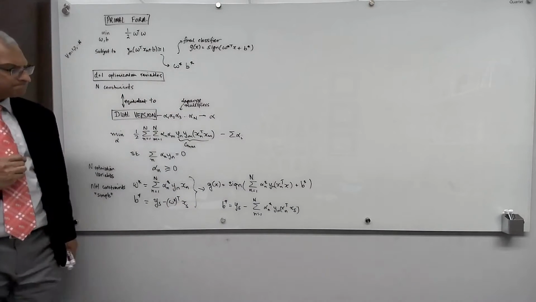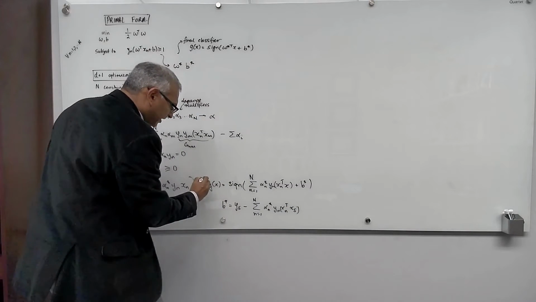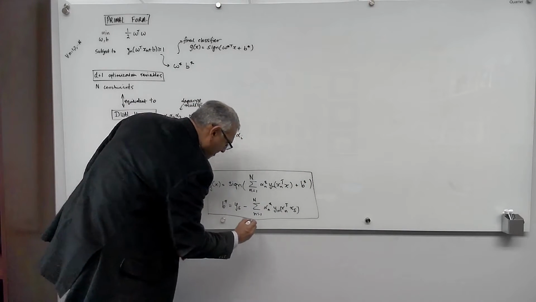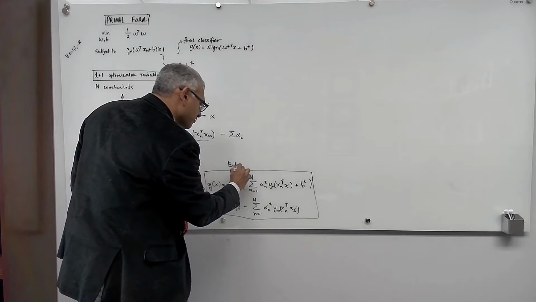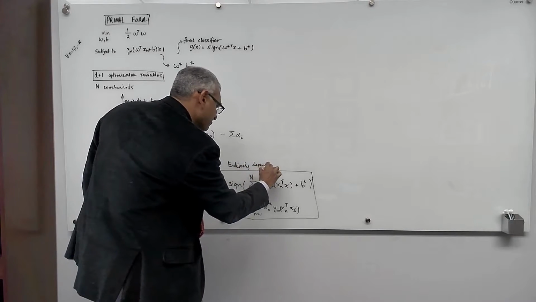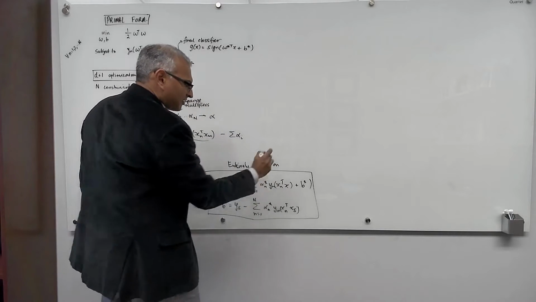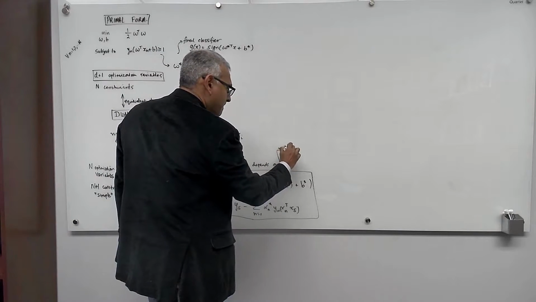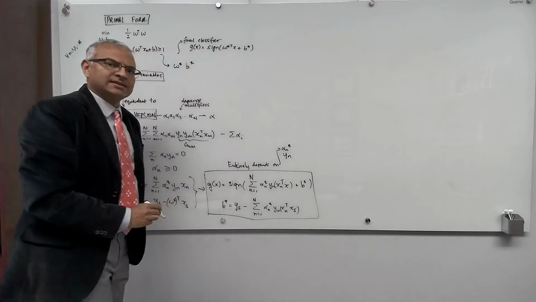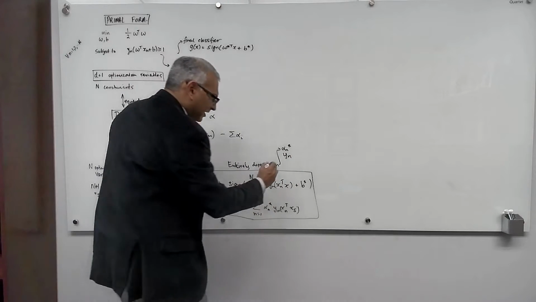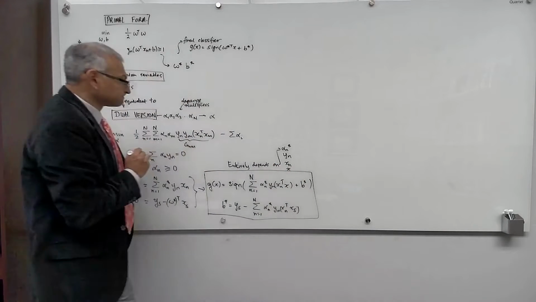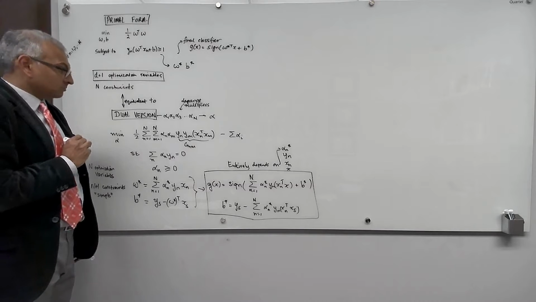Okay? So this entirely depends on alpha n star, yn, and the x values, so xn and x. Okay.